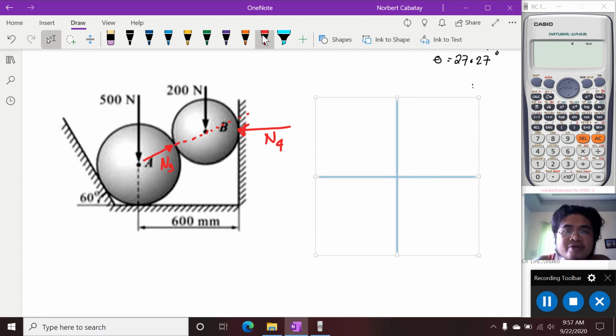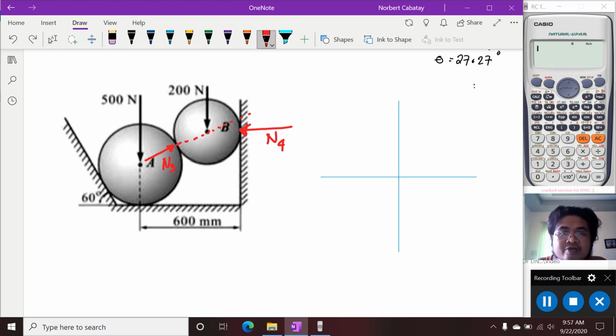so nasan yung mga forces natin? Of course, ang weight, so RC 200. Ito yan, the weight of, yun yung bigat ng B, so 200 newtons. Tapos, ang N4 ay mapupunta sa kabilang side kasi iuusod mo siya doon.